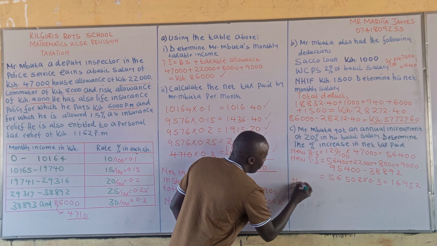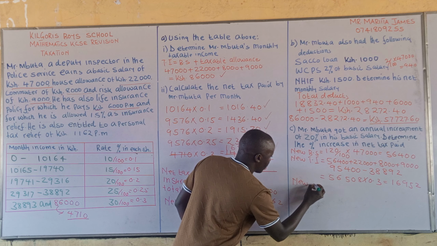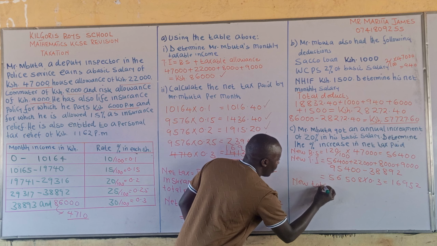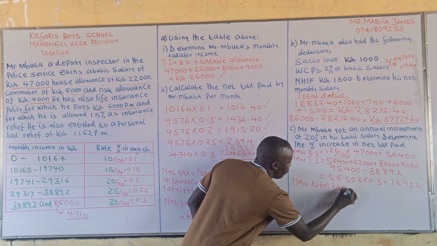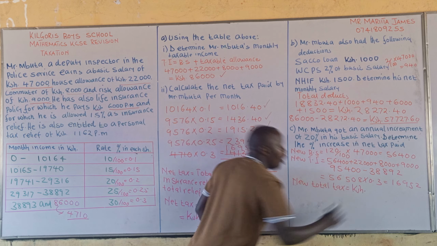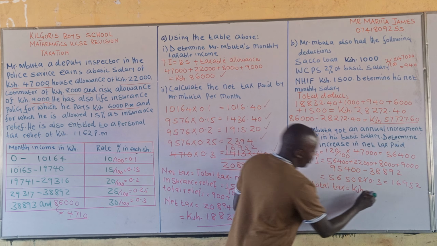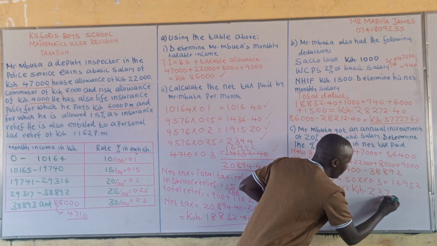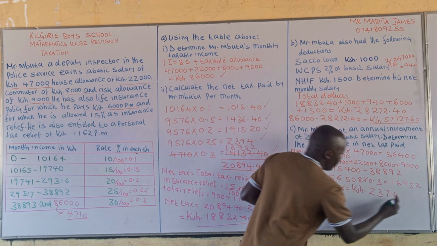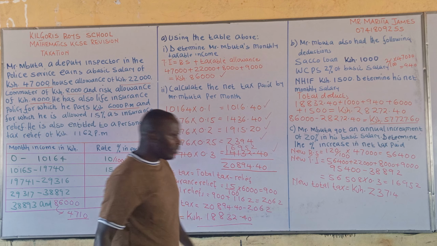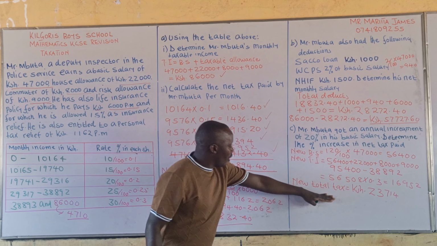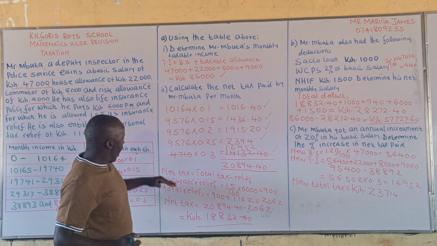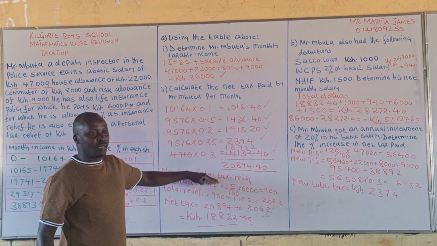So now we have a new total tax of Kenya shillings 23,714. Now, how do you get the net tax? From our calculation, the net tax is equal to the total tax minus relief.